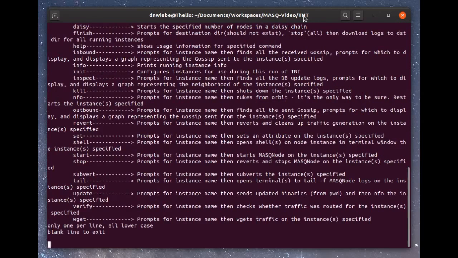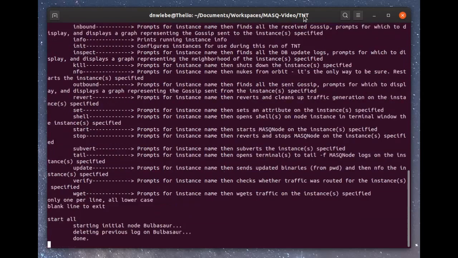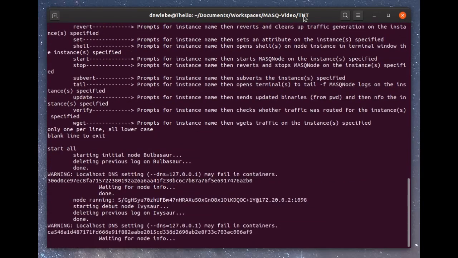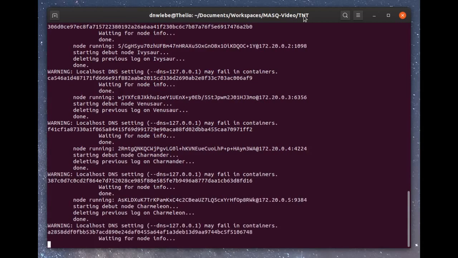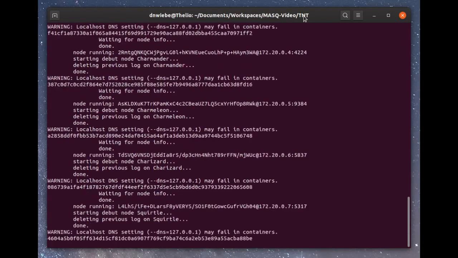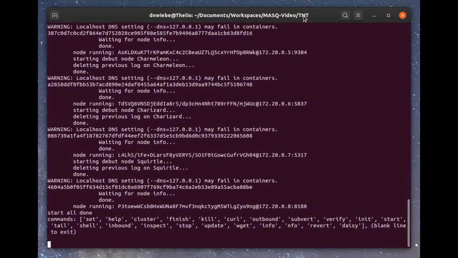We haven't started the nodes yet, but let's go ahead and start them. Okay, here's something we haven't done yet. Let's take a look at inspect. Let's inspect. Oh, node 0 is handy. Inspect will, well, I'll show you.